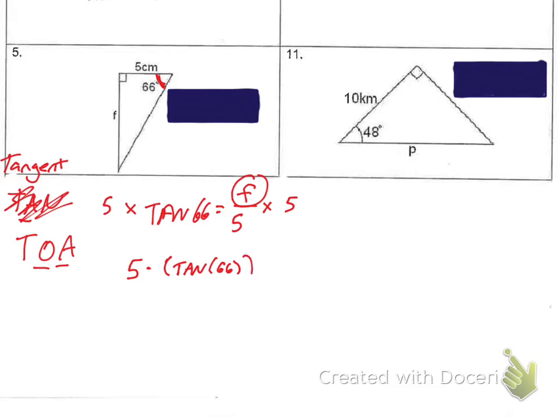So technically you could end it with 2, but you don't need to. And then that's going to be equal to F. So 5 times parentheses tangent 66 is equal to 11.23. So F is equal to 11.2. And that's going to be centimeters.